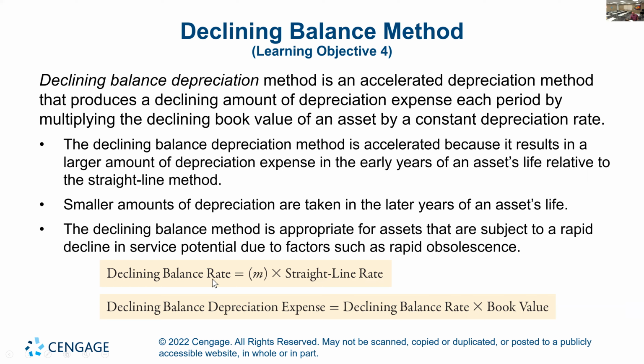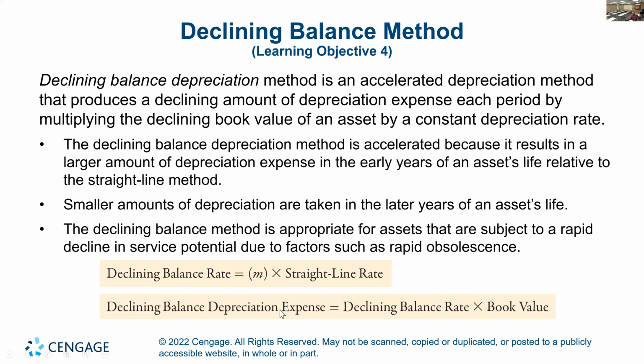So the balance rate is 1 divided by the useful life times 2 is another way to get this declining balance rate. That is 1 divided by the useful life, which equals your straight line rate, multiplied by 2, to get your double declining balance.